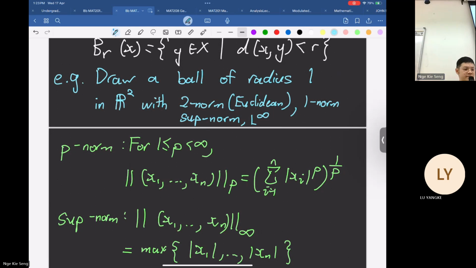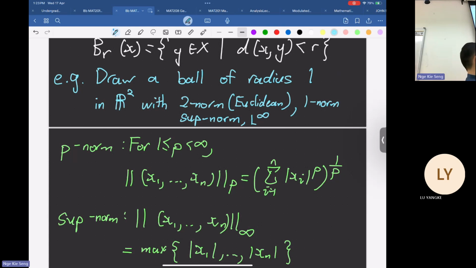With different distances, what does the ball look like in R2? R2 you can draw, it's just a flat surface. Discuss with your friend. At least one you must know how to do.